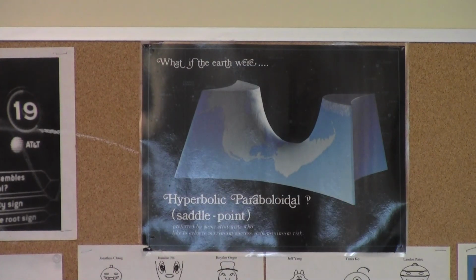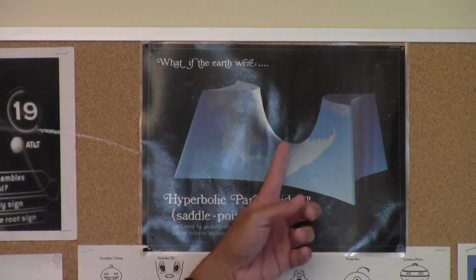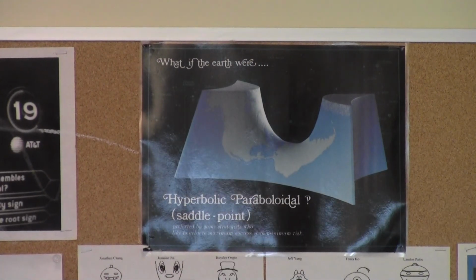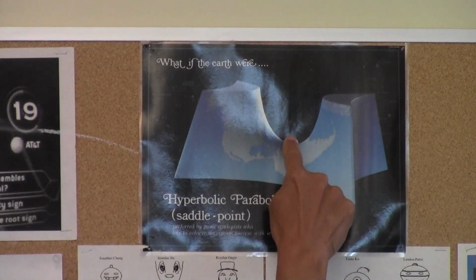Is that a maximum point or a minimum point? Like if you have a paraboloid like this, wouldn't that point up there be a maximum point? But if the paraboloid was this way, then wouldn't that be a minimum point? Okay, so look at that point right there. Is that a maximum point or a minimum point? It's both, exactly. Because if you look at it this way, that's a minimum point.